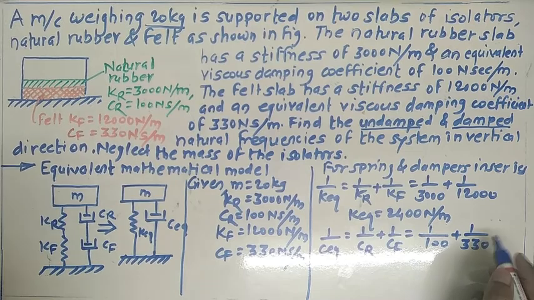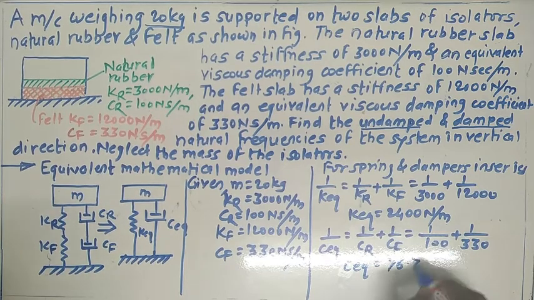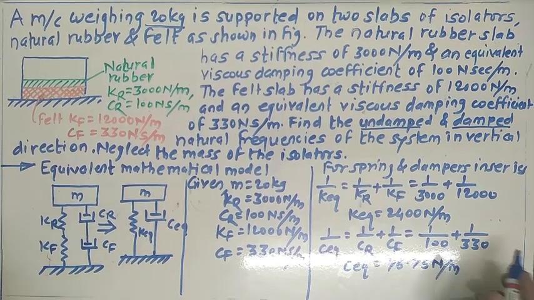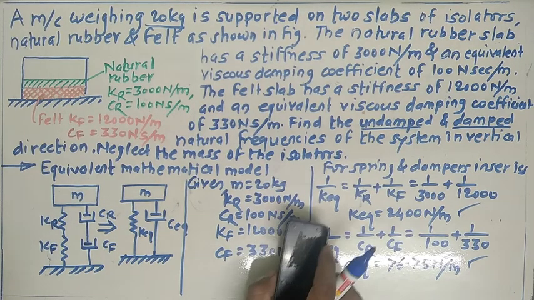Solve this and get the value for c equivalent. C equivalent equals 76.75 newton second per meter. Once the values for k equivalent and c equivalent are with us, our next task becomes very easy.